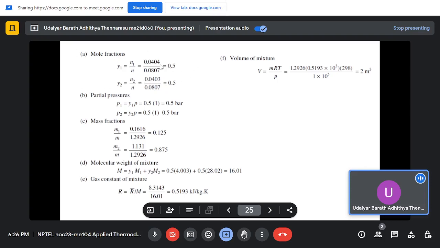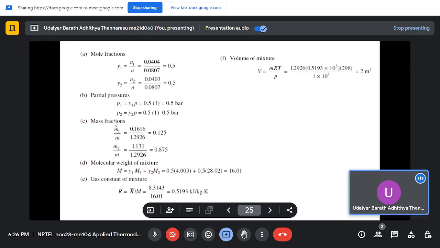So it's close to 0.5, with a small difference. And the partial pressures are p1 equals y1 P. Using Dalton's law of partial pressures, the mole fraction times the total pressure will give me the partial pressure. So each of them will be 0.5 bar.